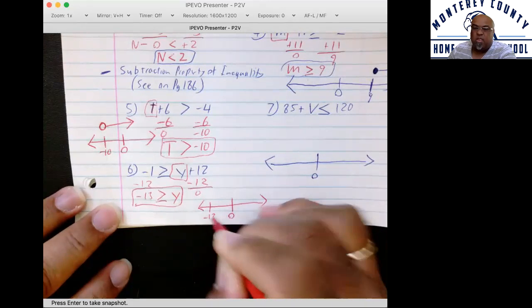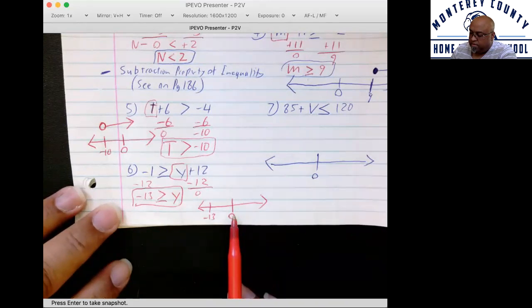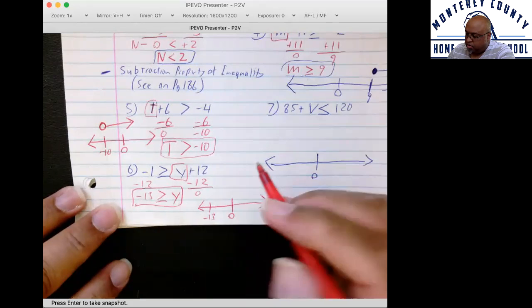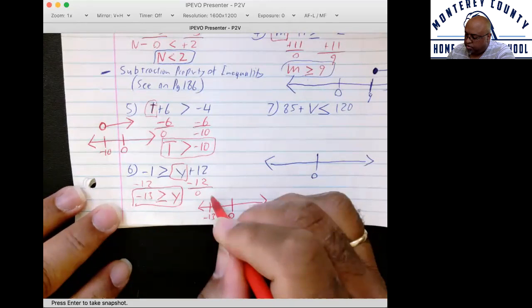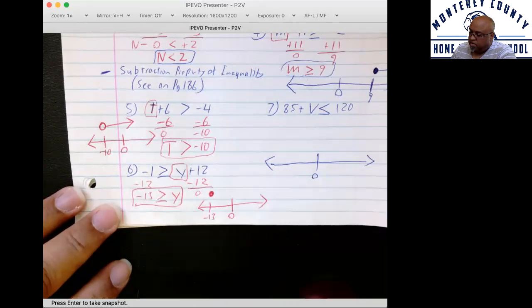Now remember, the only thing that we are putting on our graph is 0 and the solution. Okay, so we're at a closed solution, so it's a closed dot. Now, which direction does my arrow go? I'm looking here, and I see that the arrow is going this way, but let's ask the question.